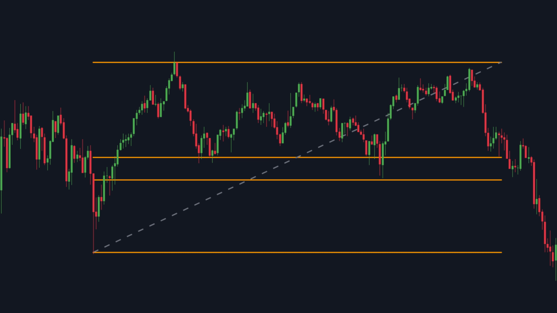Many trading algorithms used by banks and hedge funds have Fibonacci ratios coded directly into them because the market itself naturally breathes in Fibonacci rhythm. This is why you'll often see price reverse, bounce, or consolidate around certain levels. It's not magic. It's a mathematical reflection of market psychology and liquidity distribution.